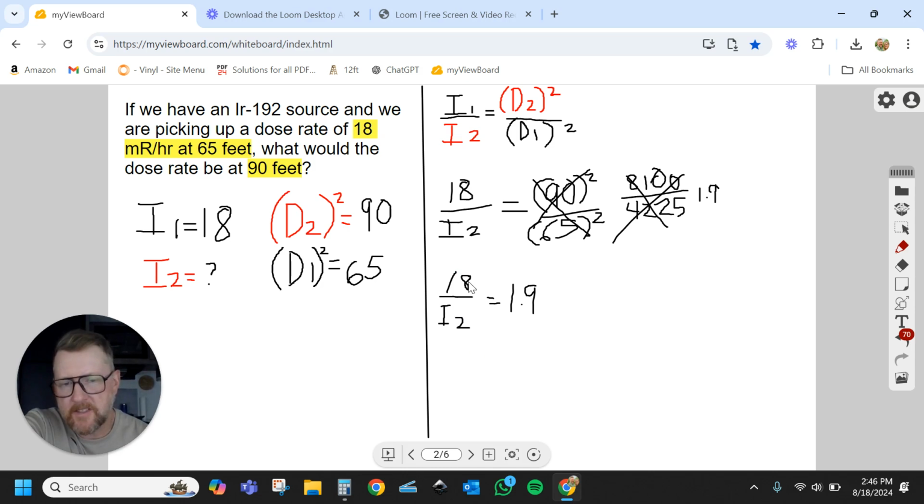So since this says 18 divided by I2, we're just going to multiply by I2 on both sides of the equal sign. When we do that, these cancel each other out, which just leaves 18 equals 1.9 times I2. That's all that's left.